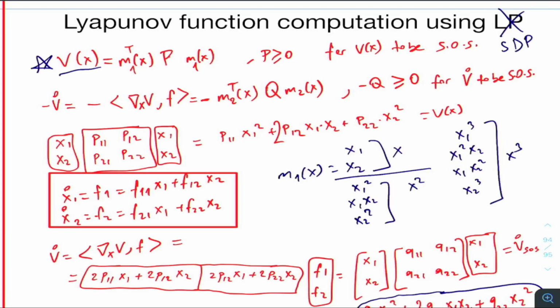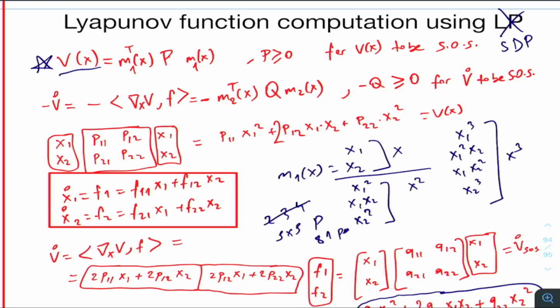Let me make a simple calculation. In this case, 2, 3, 4, you would need a 9 by 9 P matrix, meaning you would need 81 parameters.